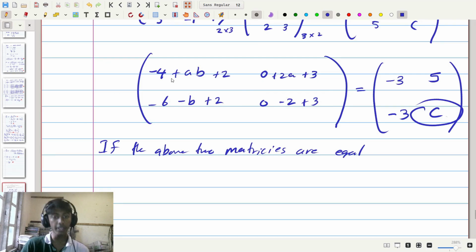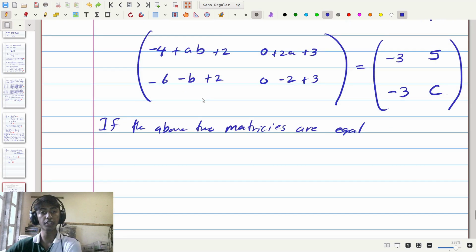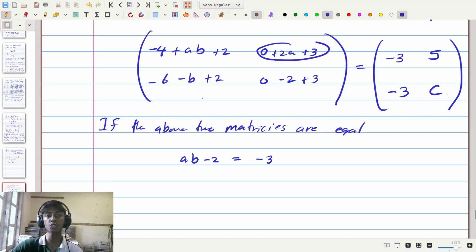Now according to that, we can make four equations. The first equation we get is minus 4 plus AB plus 2, which I'll actually simplify to AB minus 2, equals the corresponding element in the second matrix, which is minus 3. So AB minus 2 equals minus 3. The next thing we get is 2A plus 3 equals 5.